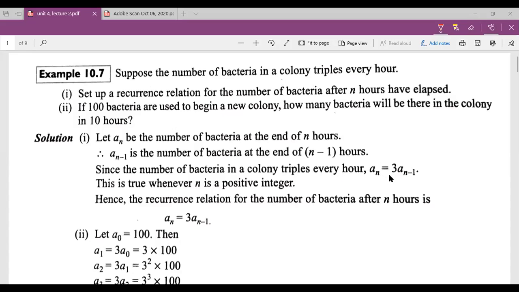So a_n is equal to 3 times a_{n-1}. This is true whenever n is a positive integer. Hence, the recurrence relation for the number of bacteria after n hours is a_n = 3 a_{n-1}.